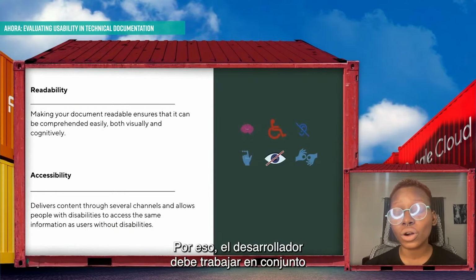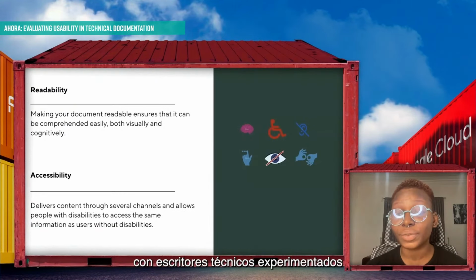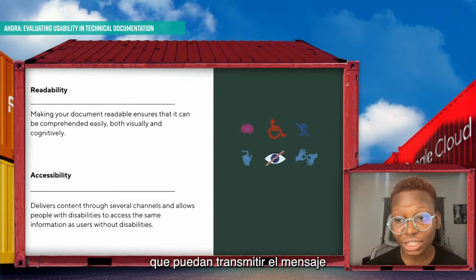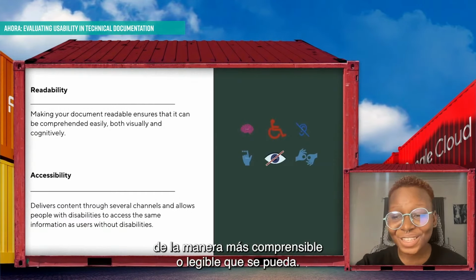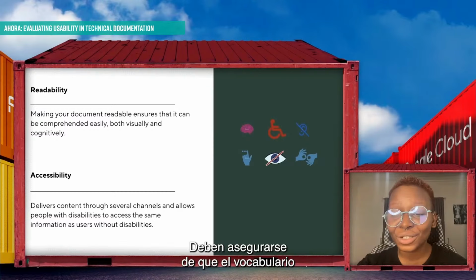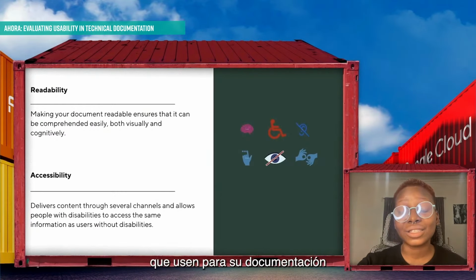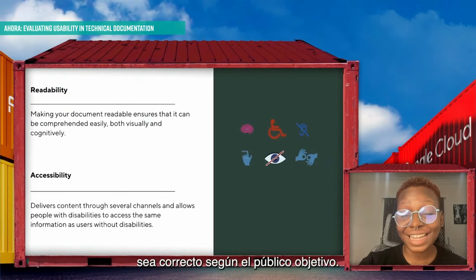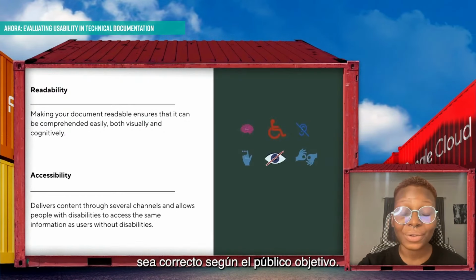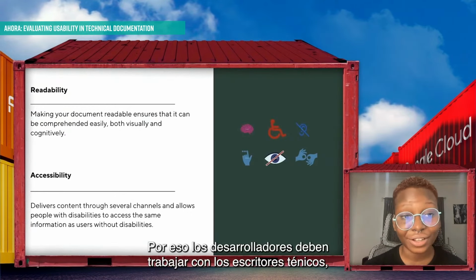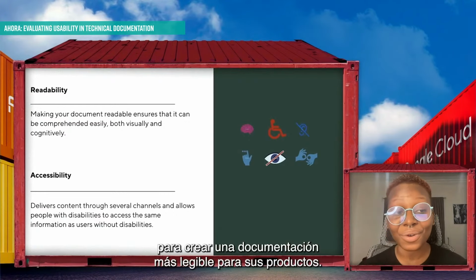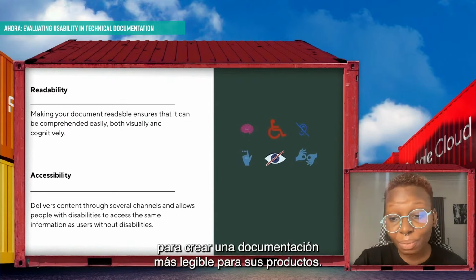And that's why your developers need to work along with technical writers, experienced technical writers that can help convey this message in the most understandable and readable way possible. You should also ensure that the vocabulary that you're using for your documentation matches the target audience that you're looking out for. And that is why the engineering team has to work along with the technical writers to create a better and more readable documentation for your product.